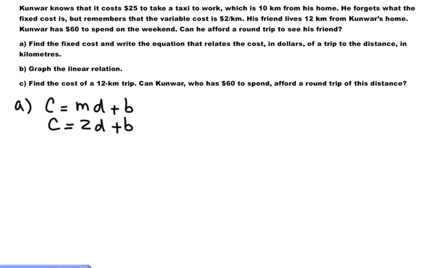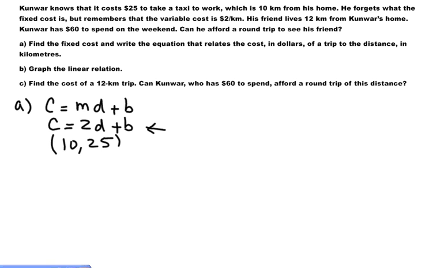So we know that the line includes the point 10 kilometers, $25. Since distance is independent, it is the first coordinate, and 25 is the second coordinate.